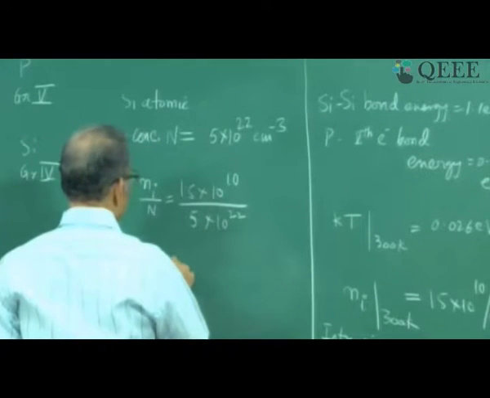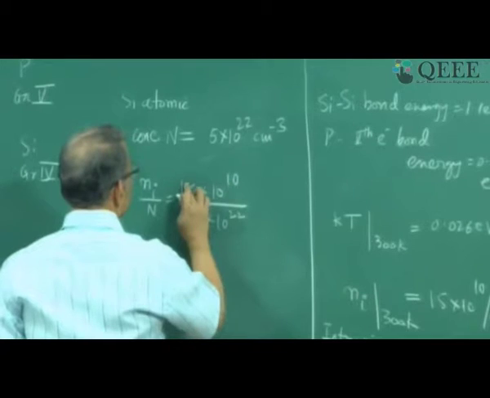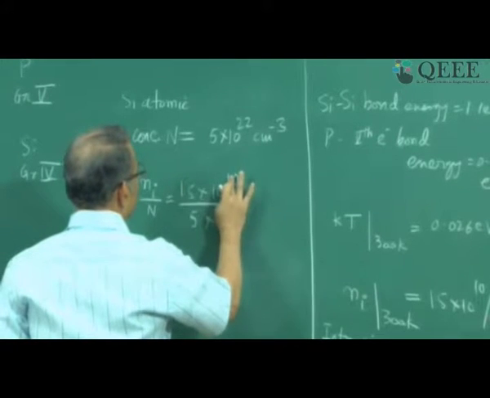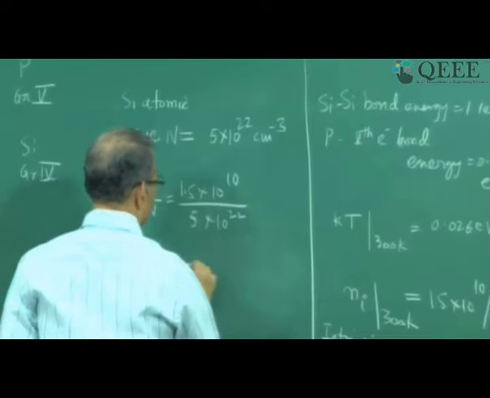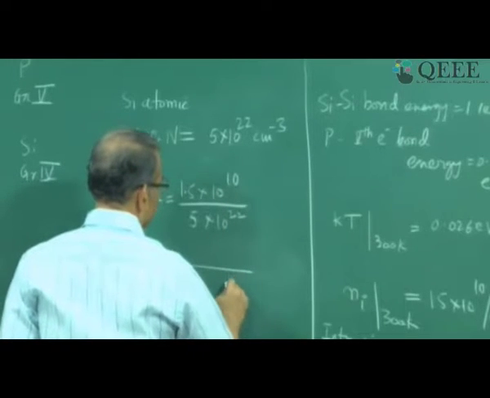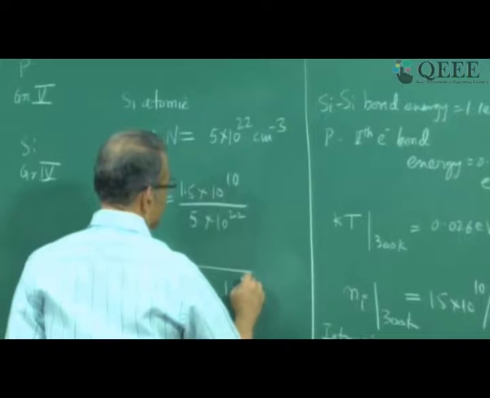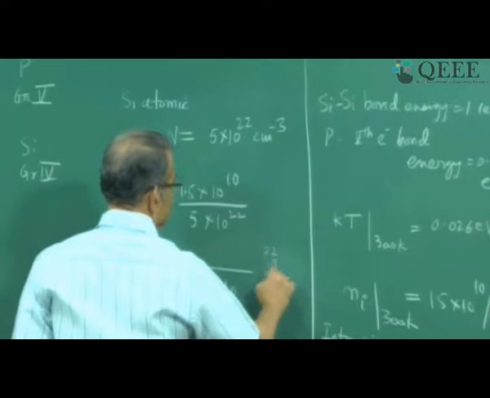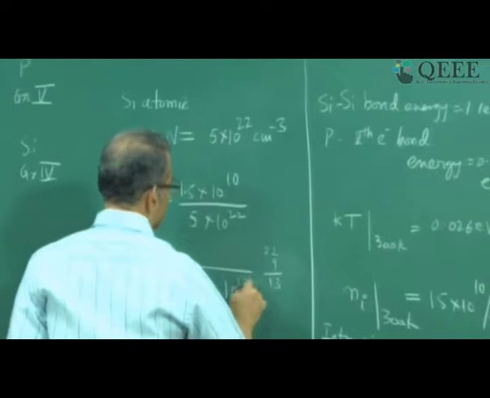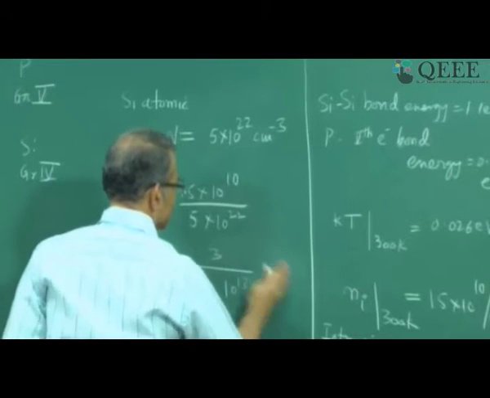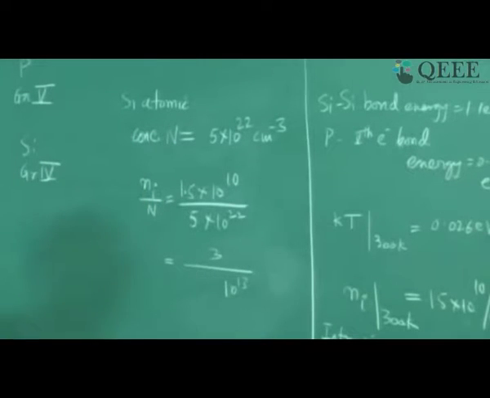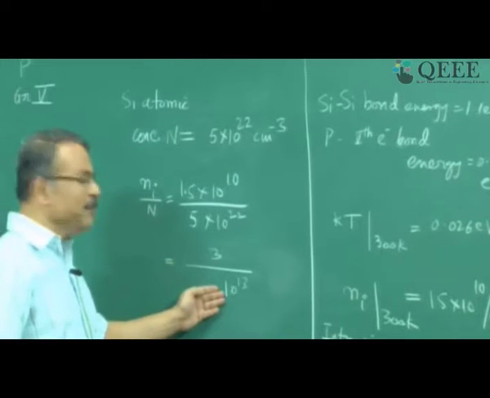So I can take it as 15 into 10 power 9, and 10 power 9 by 10 power 22 will be 22 minus 9, which is 13, and this is 3. So what does it mean? Ni by N is 3 by 10 power 13.